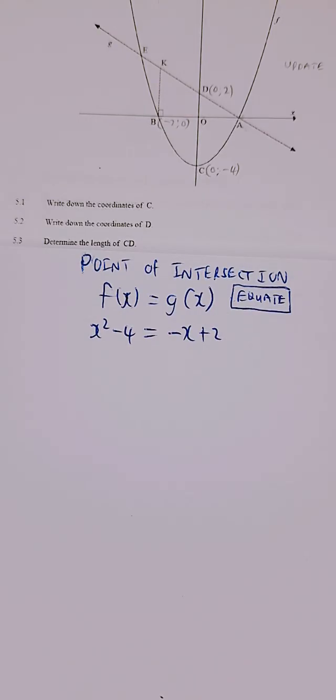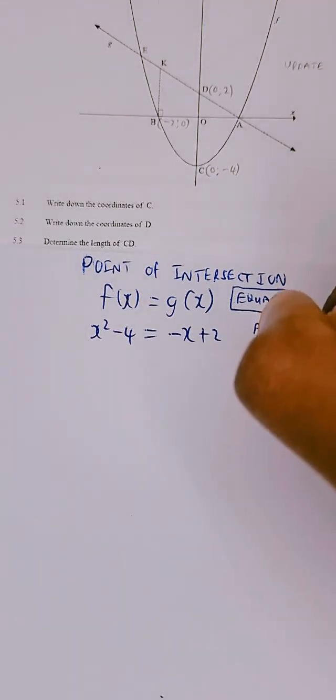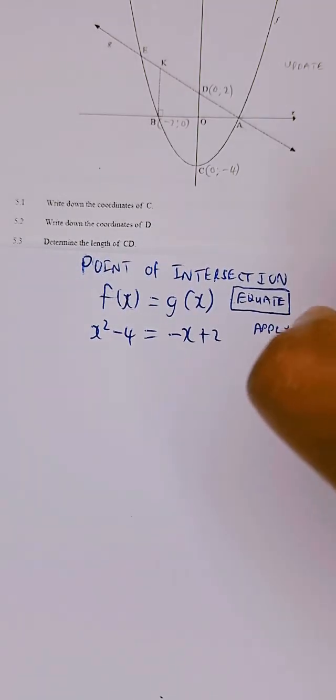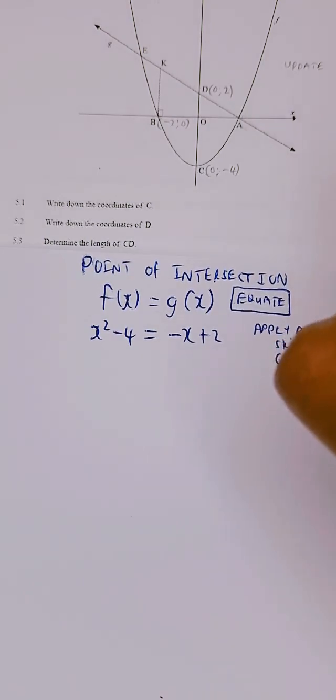Are your algebraic skills for solving equations still on point? Well, this is the time where you apply your equation skills. Now, of course, this equation is quadratic in nature. Why do I know that this equation is quadratic in nature?